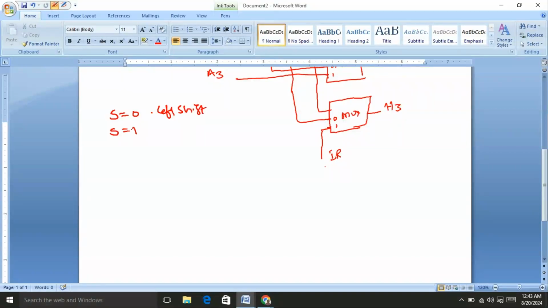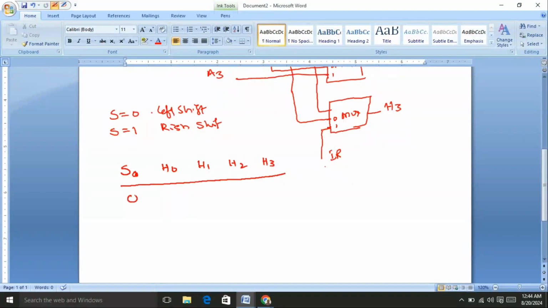Suppose S equals 1, it performs the right shift operation. Now I am going to write the selection line S, and these are the outputs H0, H1, H2 and H3.